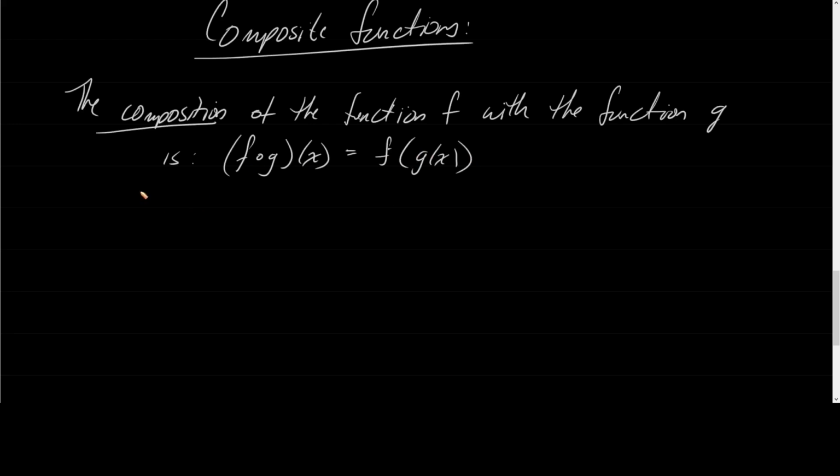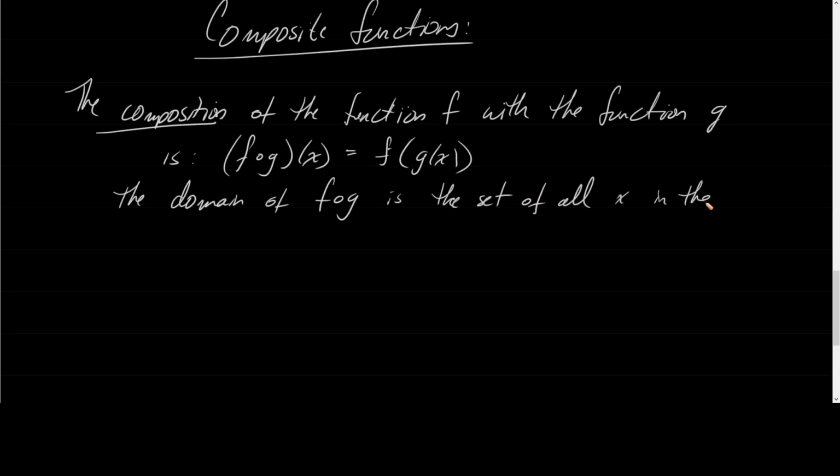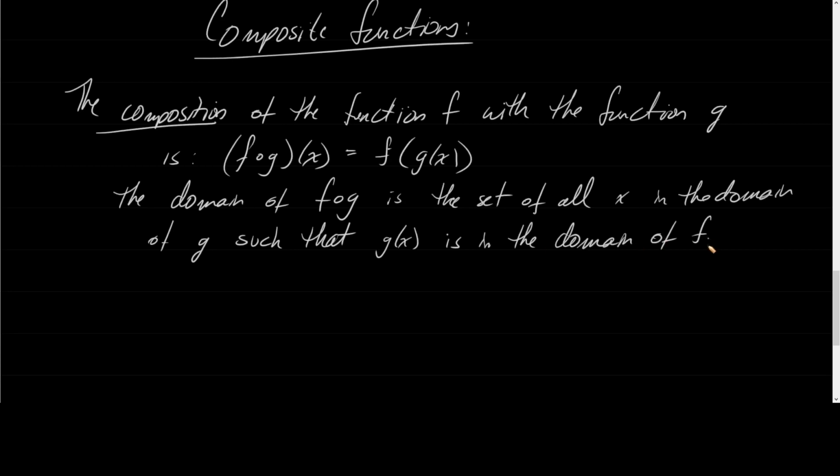Okay, so the domain of f composed with g is the set of all x in the domain of g such that g of x is in the domain of f.